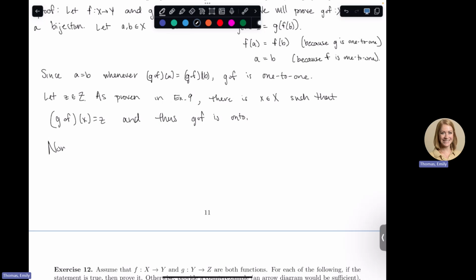Now, G of f is both 1-to-1 and onto, and thus a bijection.